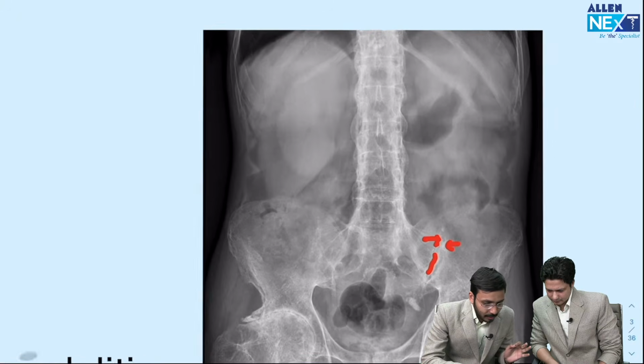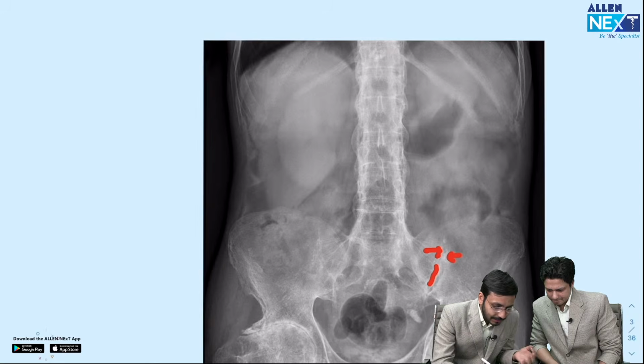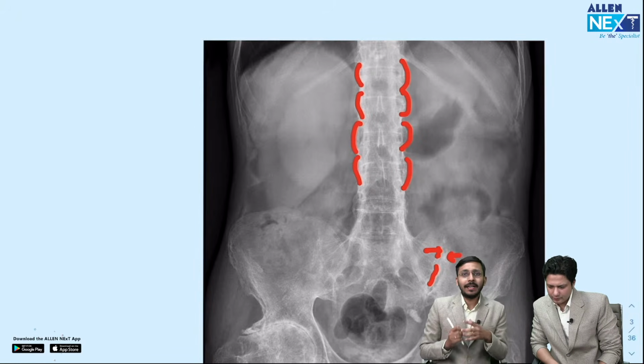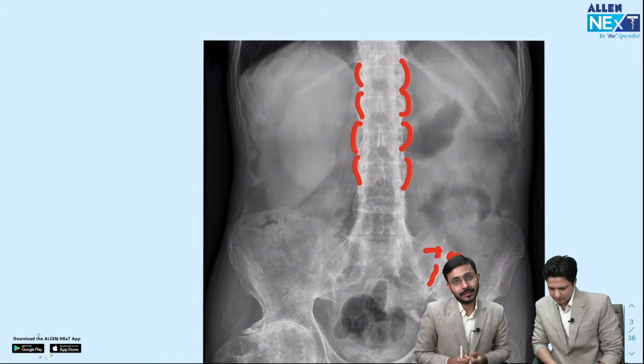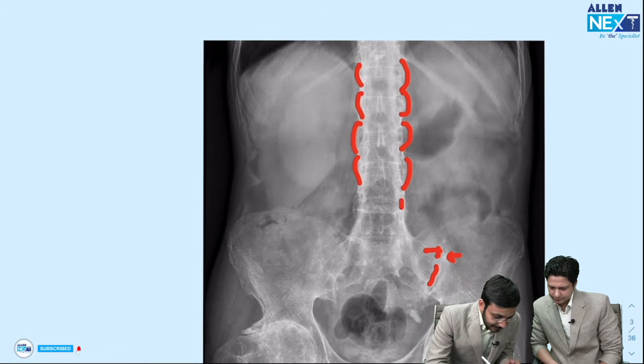Another abnormality we can see on the X-ray is that the spine is fused. There are bridging syndesmophytes, giving it a bamboo spine appearance. Also you see calcification at the interspinous and disc level.